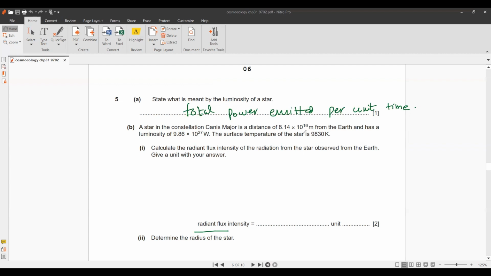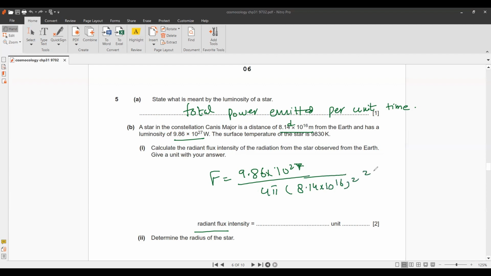Radiant flux density: we have luminosity and distance, and we'll put them in the formula, which is 9.86 into 10 raised to power 27 over 4 pi into 8.14 into 10 raised to power 16.